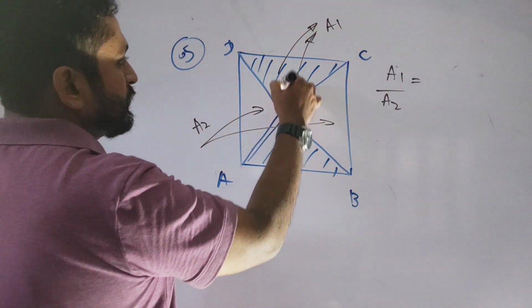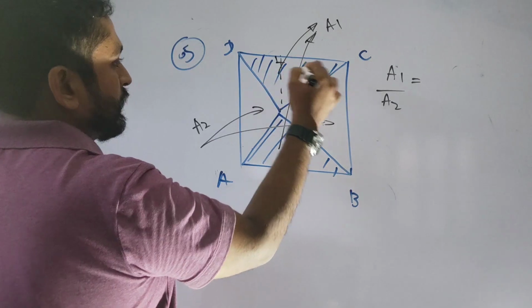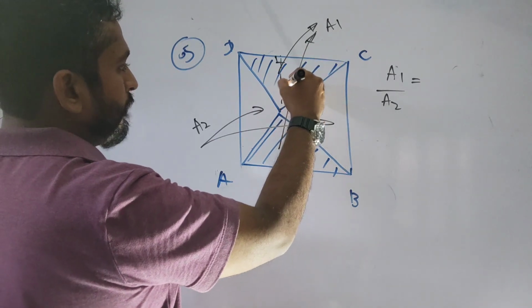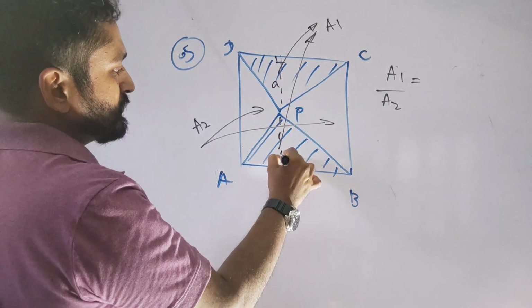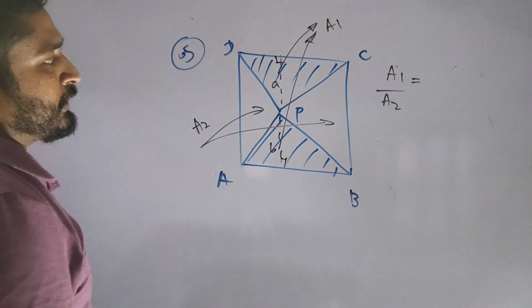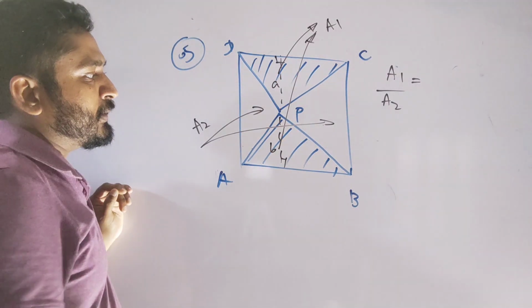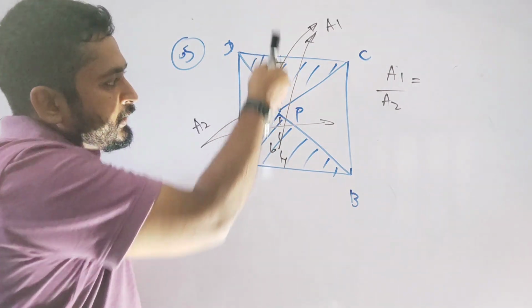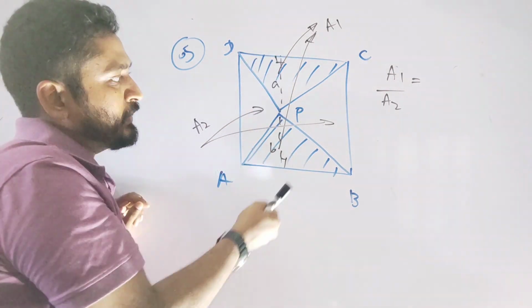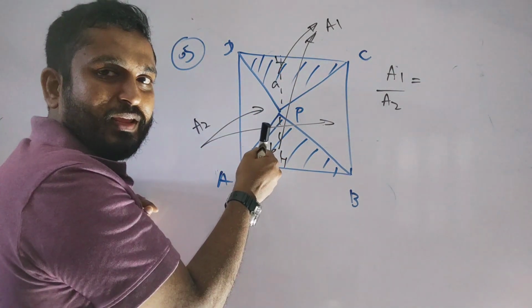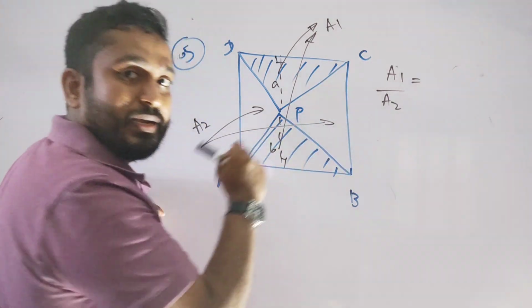So let us have this perpendicular height as A, and this simply as B. So what is the area of the shaded region? By having the perpendicular heights all together, A plus B is going to be for sure the side length of the square.